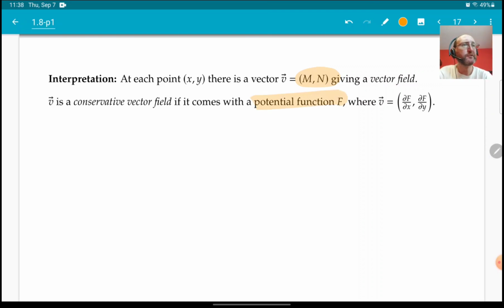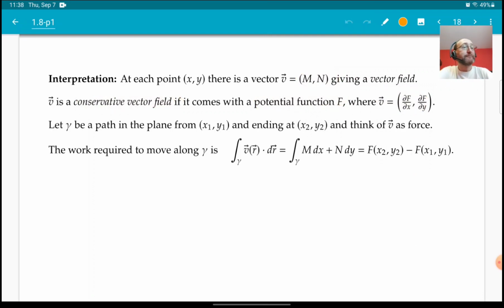If you remember, you also called it the potential function, among other things, when you looked at conservative vector fields. It's something you've probably seen in multivariable calculus, and it uses the same terminology, except it's conservative vector field instead of an exact equation, but it's actually the same thing.